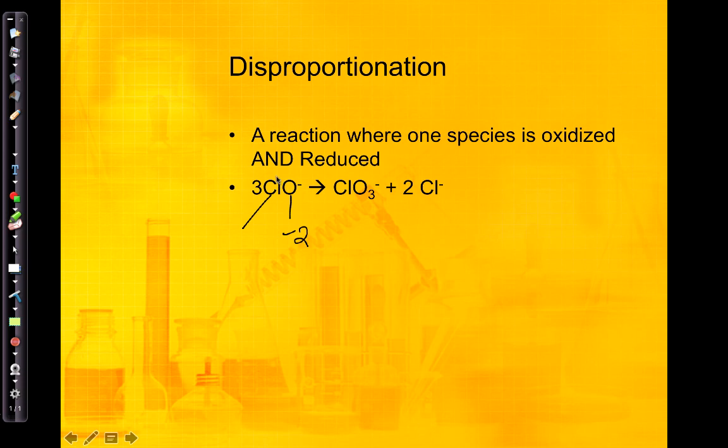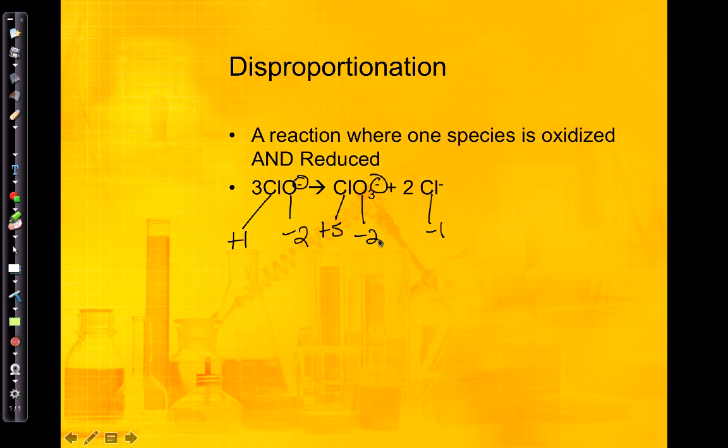And here, chlorine would have to be a +1. +1, -2 gives me a -1 charge overall. So here, oxygen again is going to be -2, but the chlorine will actually be -2 times 3 would be -6. It has to be a +5 because again it has to add up to -1. And here this is just an ion, so it's -1.